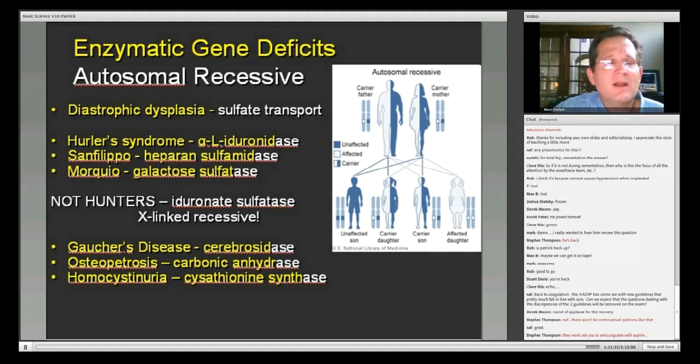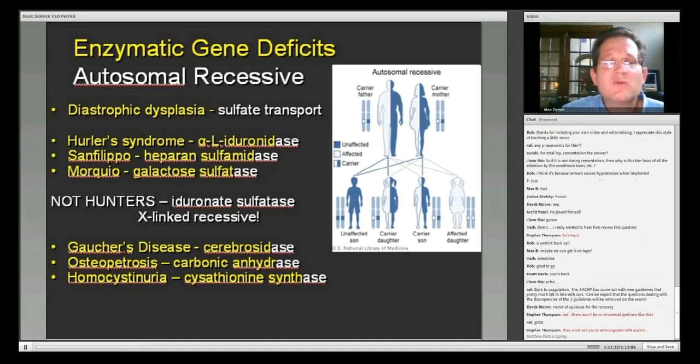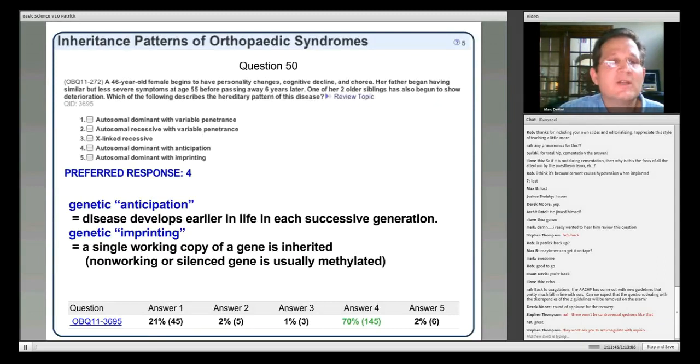And you remember that men are hunters, and so men get X-linked recessive disorders like hemophilia and Hunter's, but it's still recessive. Gaucher's disease is probably the most common storage problem. It's also an enzyme, so it's autosomal recessive. Osteopetrosis, one version of it hits carbonic anhydrase, so it's recessive, and then homocystinuria.